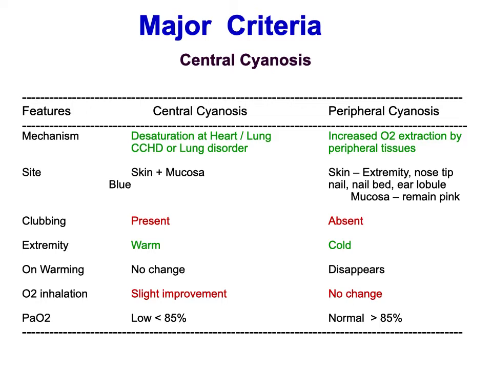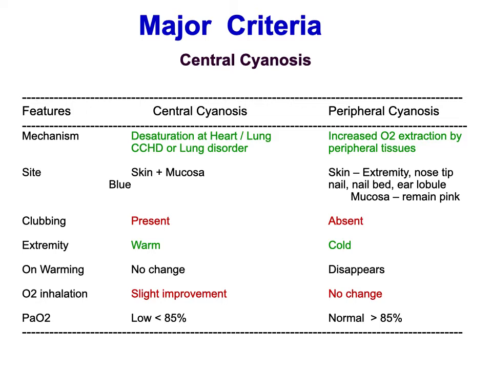As the central oxygenation is normal in peripheral cyanosis and the whole body is not cyanosed, clubbing is absent. Clubbing is not a feature of peripheral cyanosis, it is more a feature of central cyanosis.